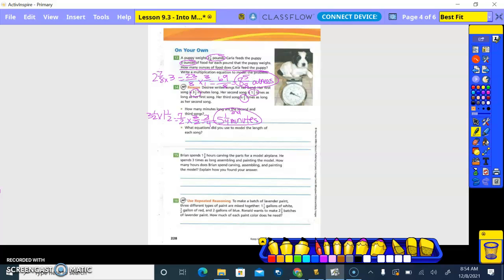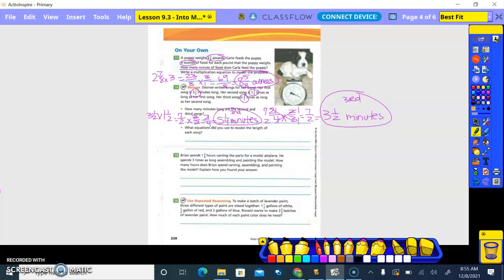Okay, so then for the third one, we need to convert that 5 1/4 to an improper fraction. So 4 times 5 is 20 plus 1 is 21/4 times, what did it say, 2/3? Can I simplify before I start? Yep, 1, 7, 1, 2. So 7/2, which equals 3 1/2 minutes. And this is for the third song, right?